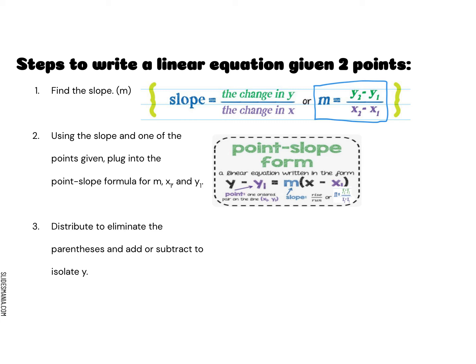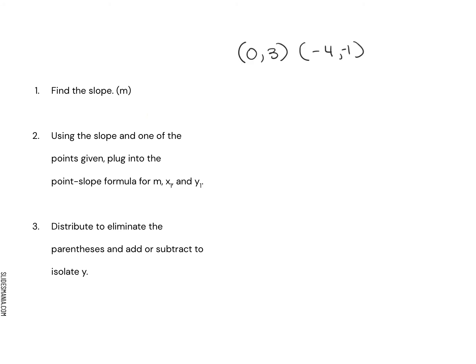Okay, so let's try some of those examples. We have a line passing through the points 0, 3 and negative 4, negative 1. The first thing we want to do is find the slope. Remember, that's m equals y2 minus y1 over x2 minus x1. We substitute in x1, y1, x2, y2.